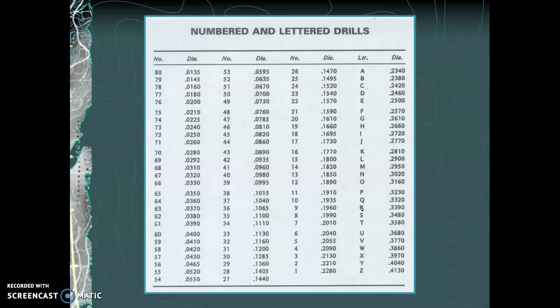So if you see in a drawing that a hole requires a Q tap drill, you could look it up in this chart and see what that diameter is. That corresponds to 0.3320.